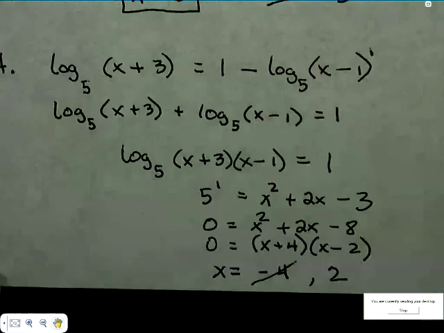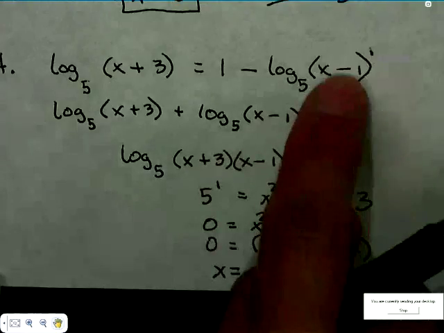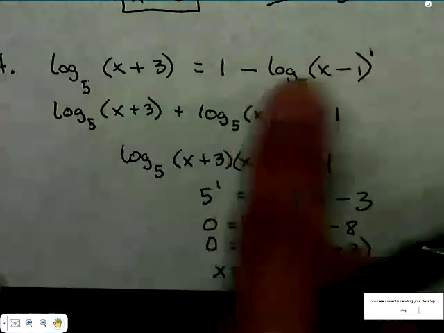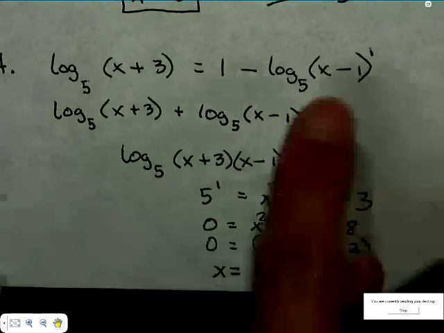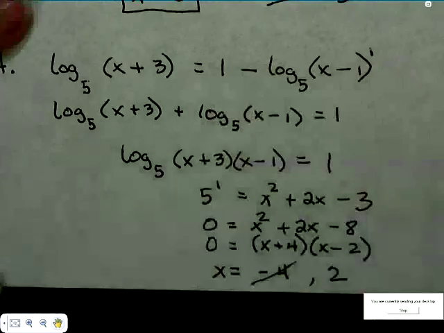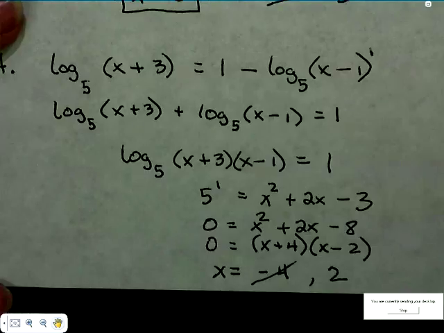But actually, I couldn't use 1 either. I couldn't use 1 because I can't take the log of 0. Or I couldn't use 0 because I can't take the log of -1. So I'm not just saying you can never use a negative. I'm saying you can never use what makes the argument negative or 0.